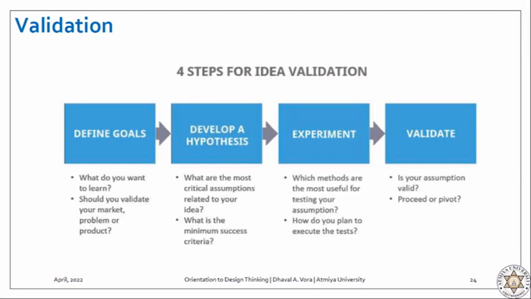Proceed, or pivot. Sometimes we think that our solution is valid, but when you put the product in the market, it may fail. Like what we discussed about Tata Nano.